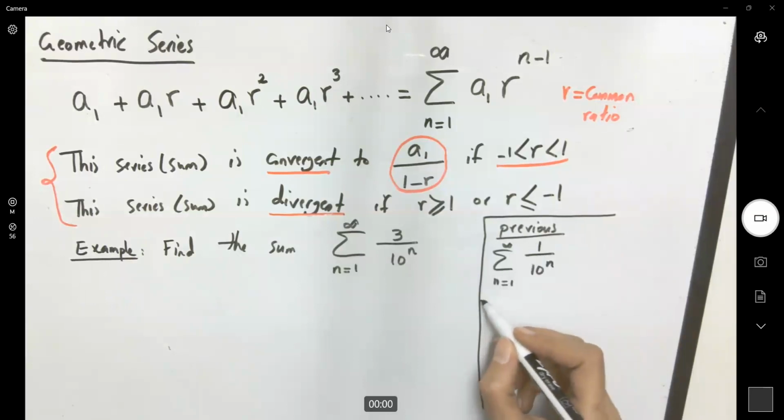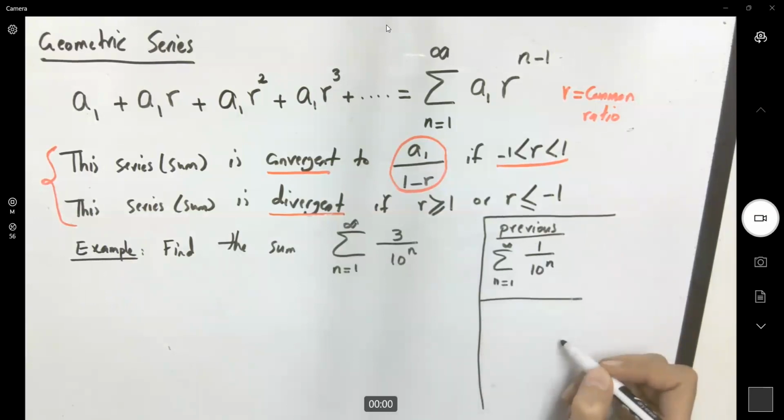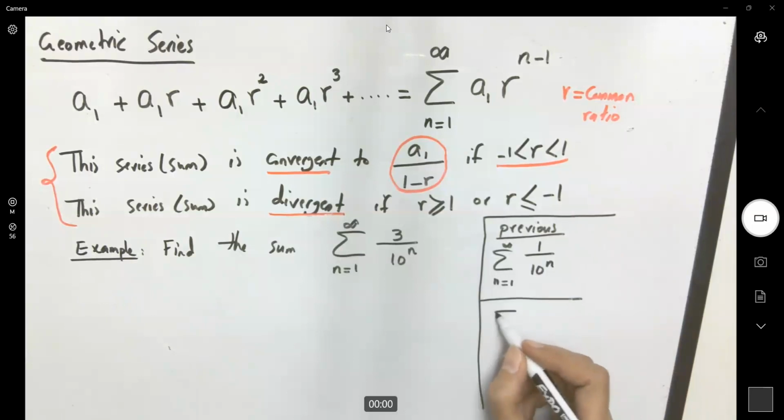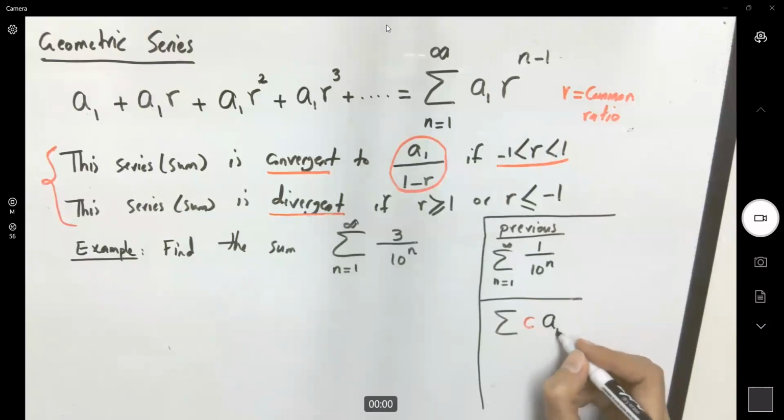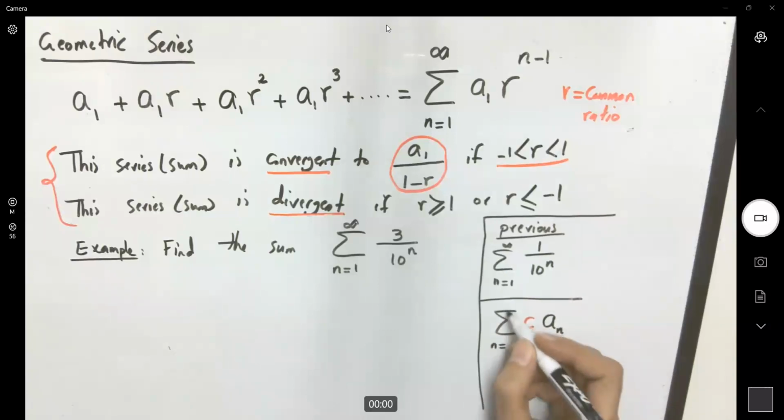So you have an important property for series. If you have a series that has a number, a scalar, a value like c times the general term a sub n, starting from 1 to infinity, you can actually take this constant, this scalar, and write it in front of your series.